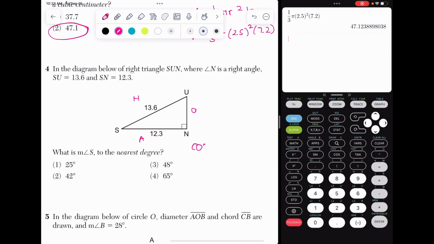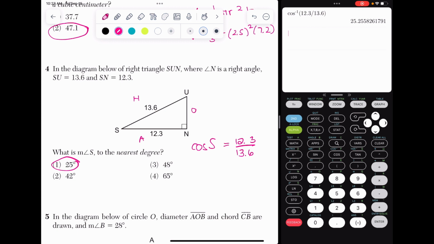So the cosine of angle S is equal to the adjacent side over the hypotenuse. And whenever we're finding an angle, we are going to do the inverse operation in our calculator. So I'm going to hit the second button and then cosine, 12.3 divided by 13.6. And we're looking to the nearest degree, so choice 1, 25 degrees.